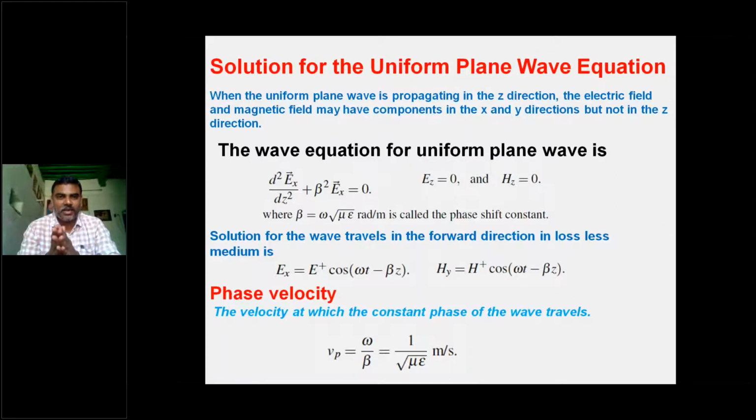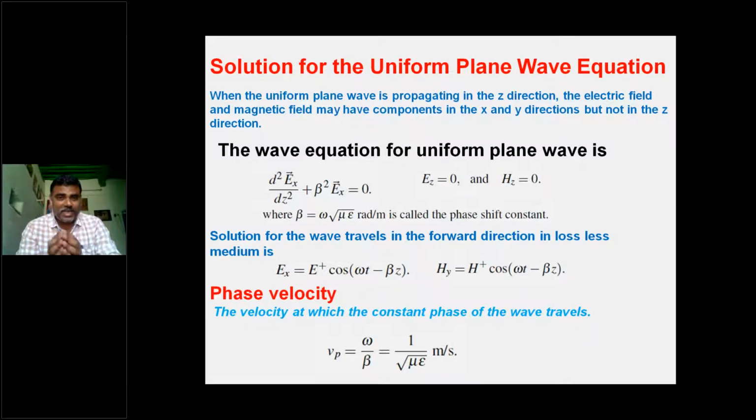For that uniform plane wave, we can take the solution by taking the corresponding wave equations. For free space, ∇²E plus β²E, as we just saw in the previous slide, where ∇² is the Laplacian operator. Here the electric field is independent in the other directions, so you can replace ∇² by ∂²/∂z² of Ex plus β²Ex.